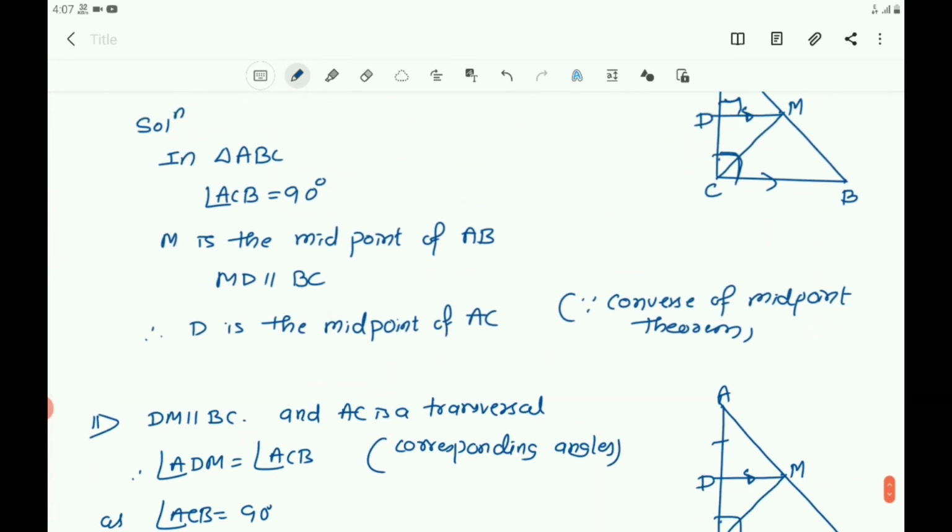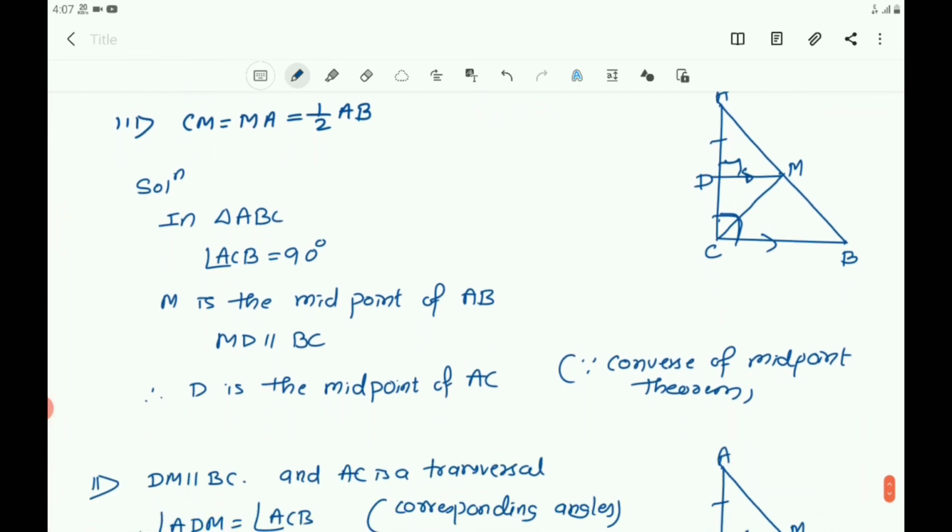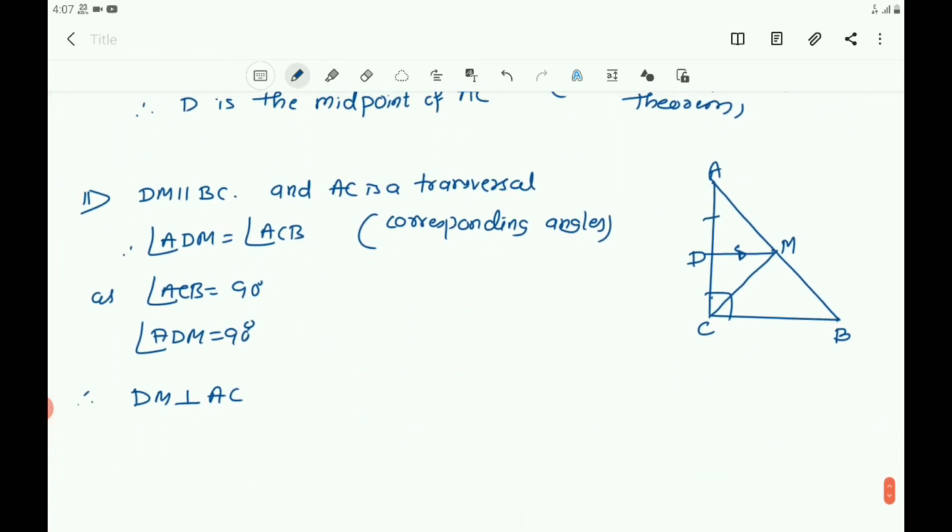Next, here what you have to show? You have to show that CM equals MA equals half AB. So here you know that M is the midpoint of AB, meaning AM is half of AB. But we have to prove that CM is also half of AB. So now let us take the triangles ADM and CDM.